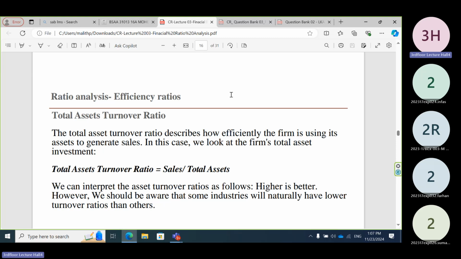We can interpret the asset turnover ratio as follows. Higher is better. However, we should be aware that some industries will naturally have a lower turnover ratio than others. What are the types of companies? Let's say a hotel. Because the hotel building will be included in the total assets, and its useful life may be more than 50, 60 years.